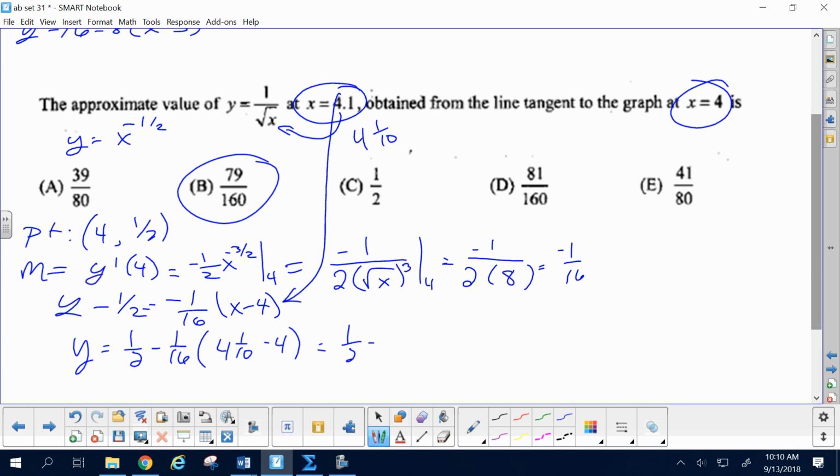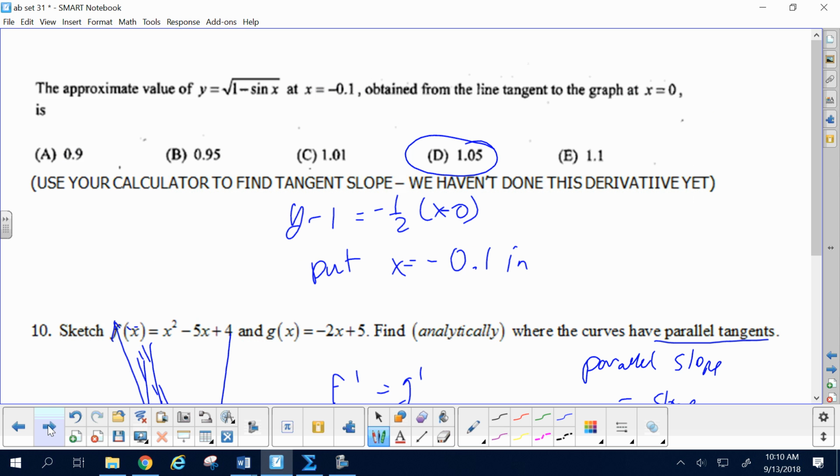That's 1/2 minus 1/16 of 1/10. That's 1/2 minus 1/160. That's, what, 80, we'd have to multiply this by 80 over itself, so 80 minus 1 over 160. Okay? Is that on this page? Yes, I think that's it on this page.